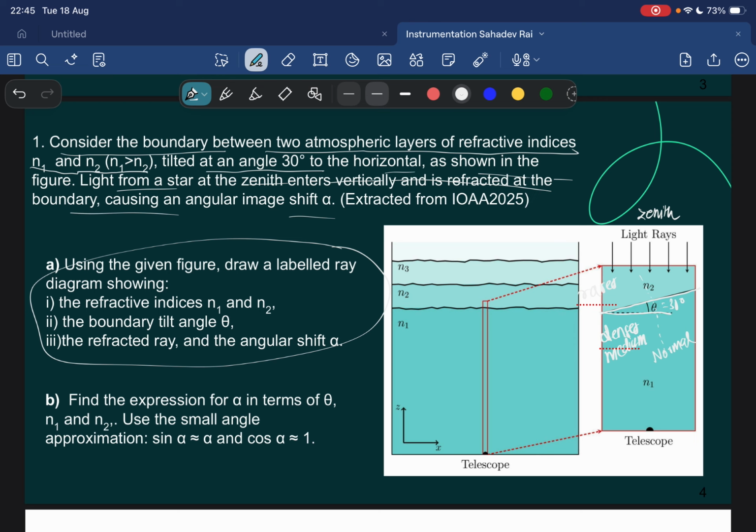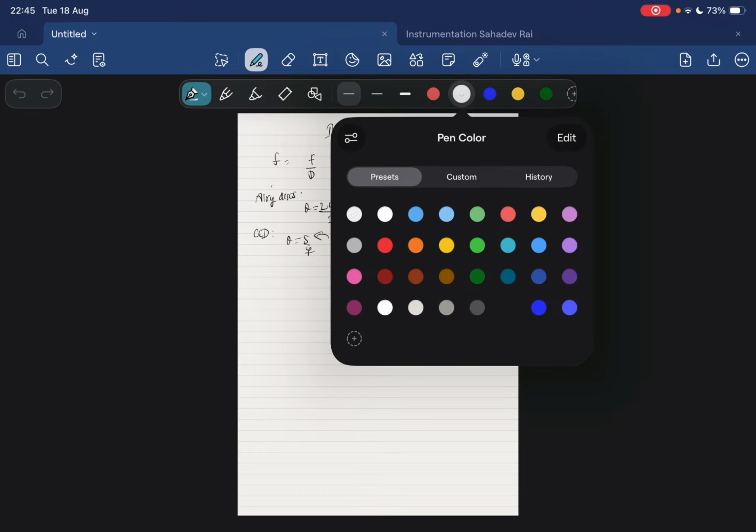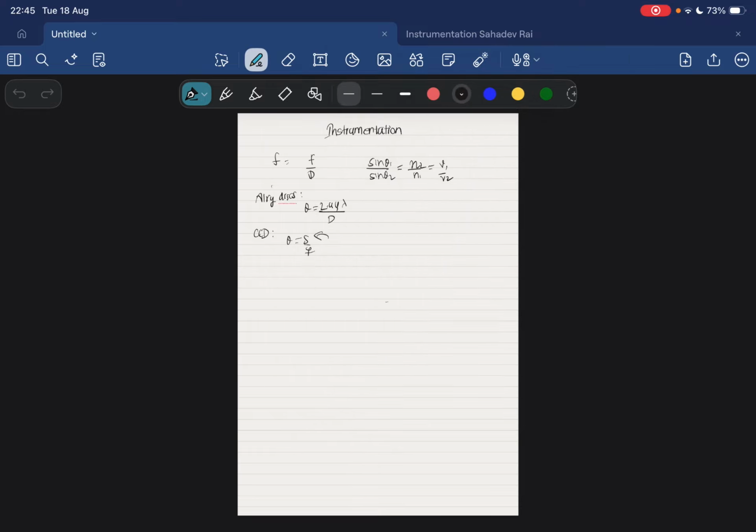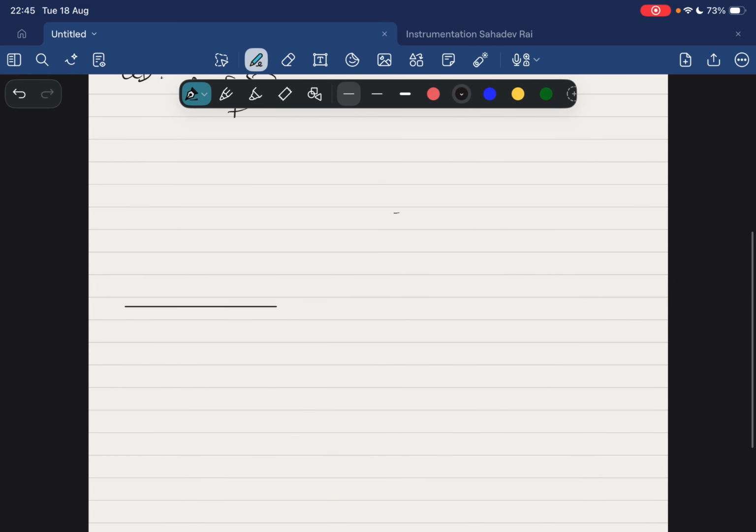Now what we are going to do is make a good analogy of what's happening. This is the horizontal. Now I'm going to make this, which is the tilt, which is theta equals 30 degrees.